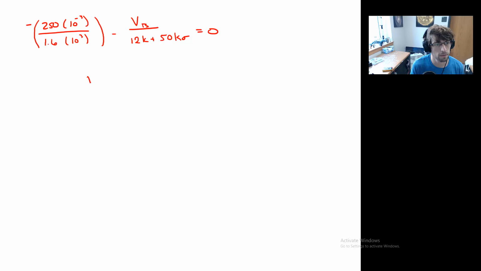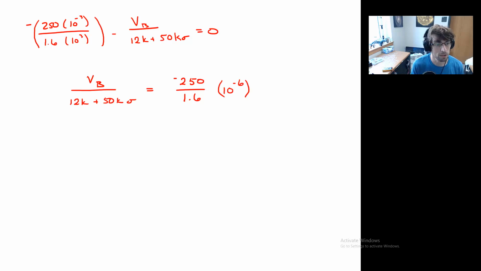We have VB over rigmarole, so the 12K plus the 50K times the sigma equals this negative 250 over 1.6. And then we have something like 10 to the negative 6th. So there's the micro in there.